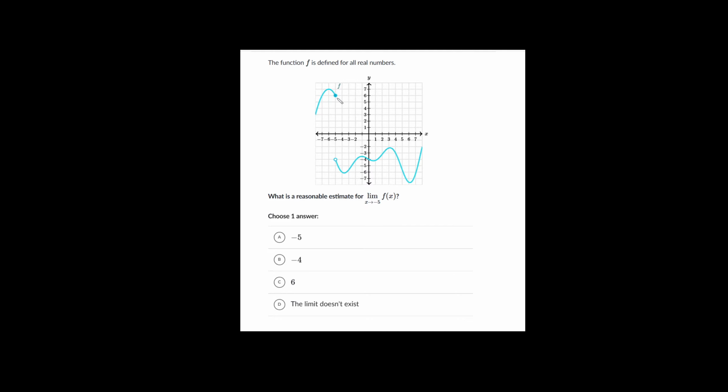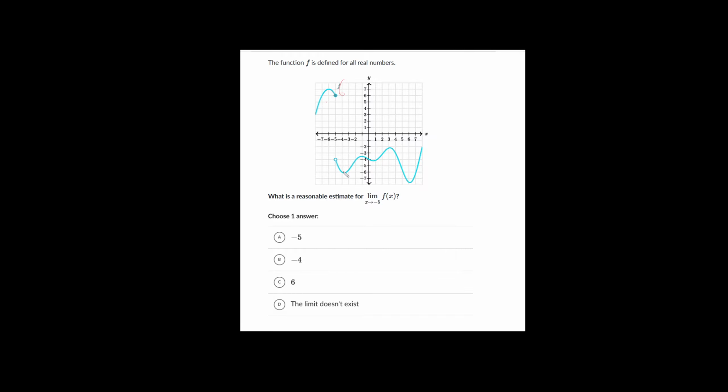It's defined at x equals -5. So it has to be 6 because it's literally defined at that point. The value is 6. But limits don't talk about value. This is the one point where just plugging in the answer will not work. It'll give you 6, but that's not the limit.